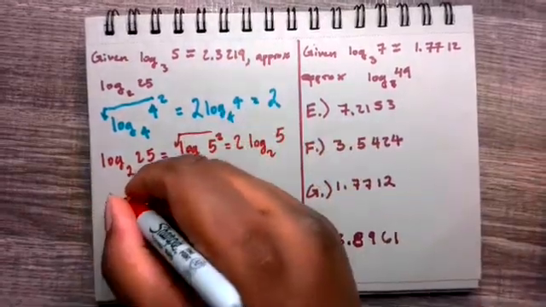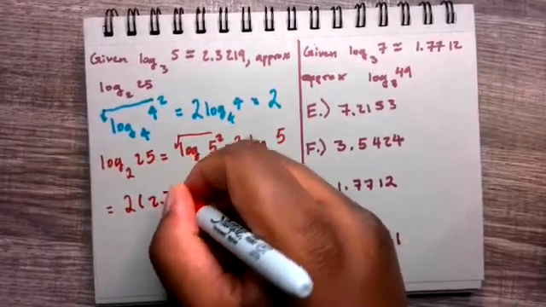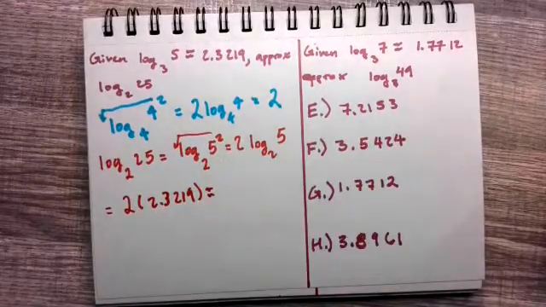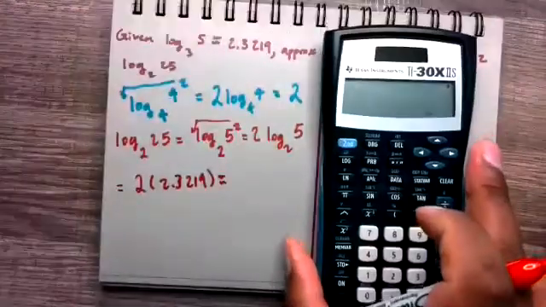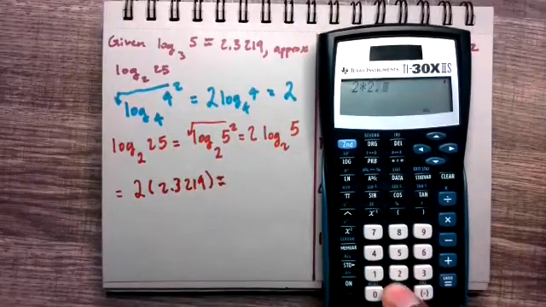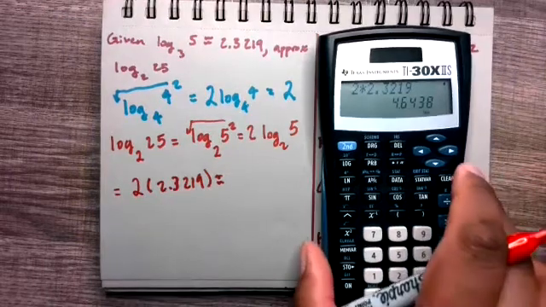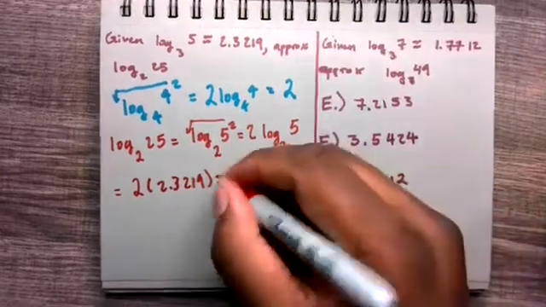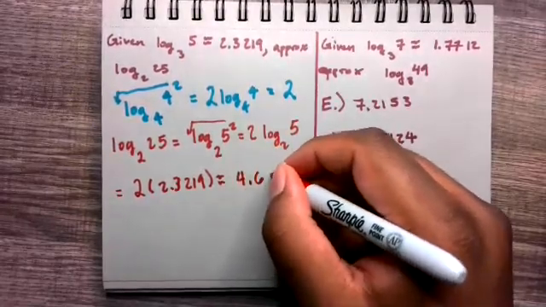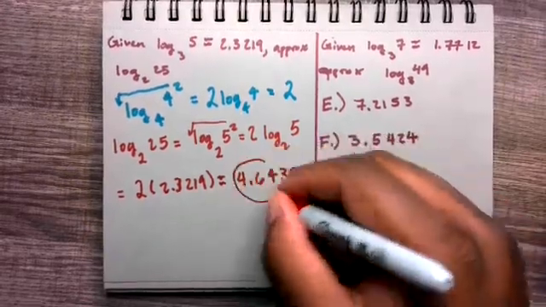So that's about 2 times 2.3219, which is about 4.6438. And that's it.